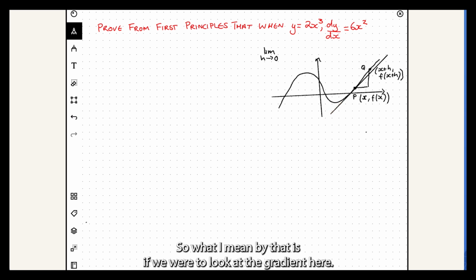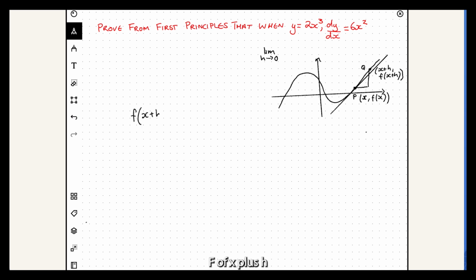So if we were to look at the gradient here, the difference in Y, which is f of X plus H, this Y, minus Y here, which is the Y coordinate for P, divided by this H that we've increased it by.